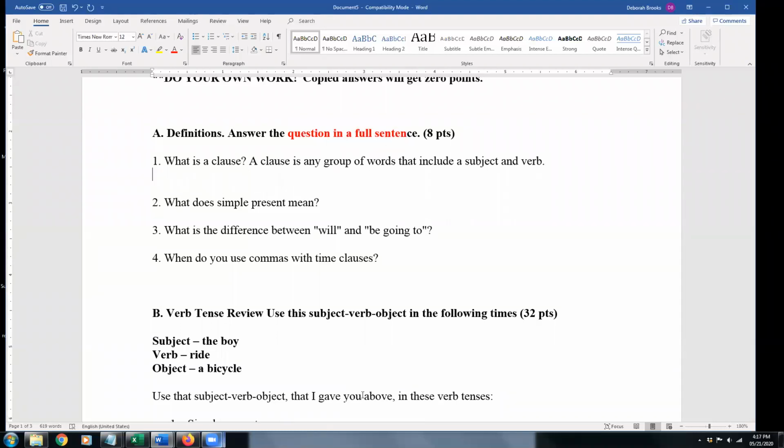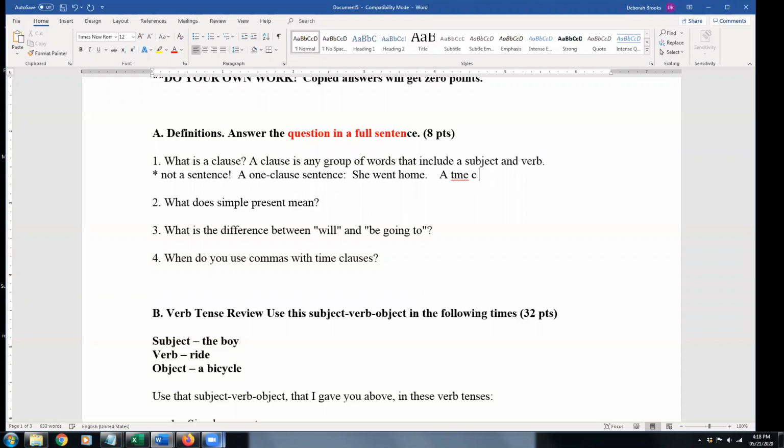Now, a clause is not a sentence, right? One clause can be a sentence. You can have a one clause sentence, something like, she went home. That's a sentence. But most types of clauses are not sentences.